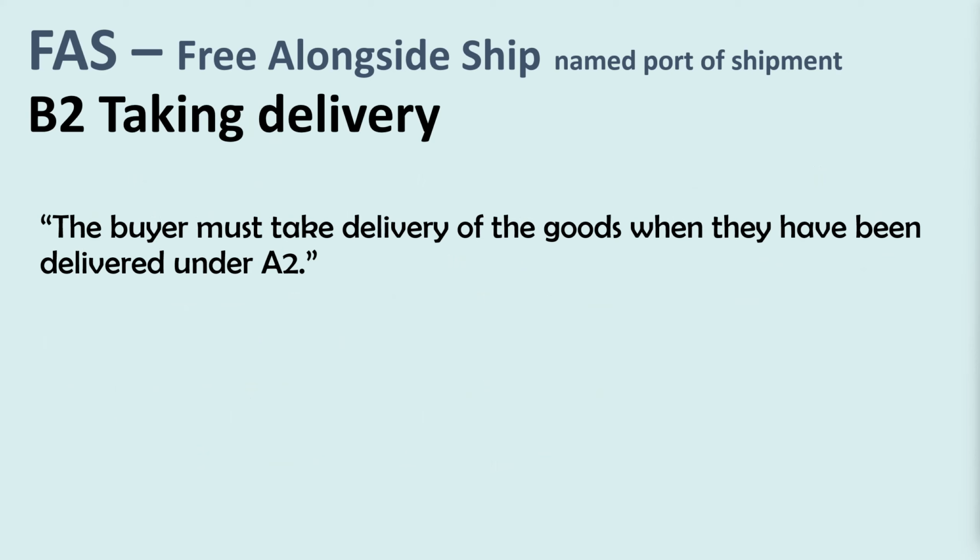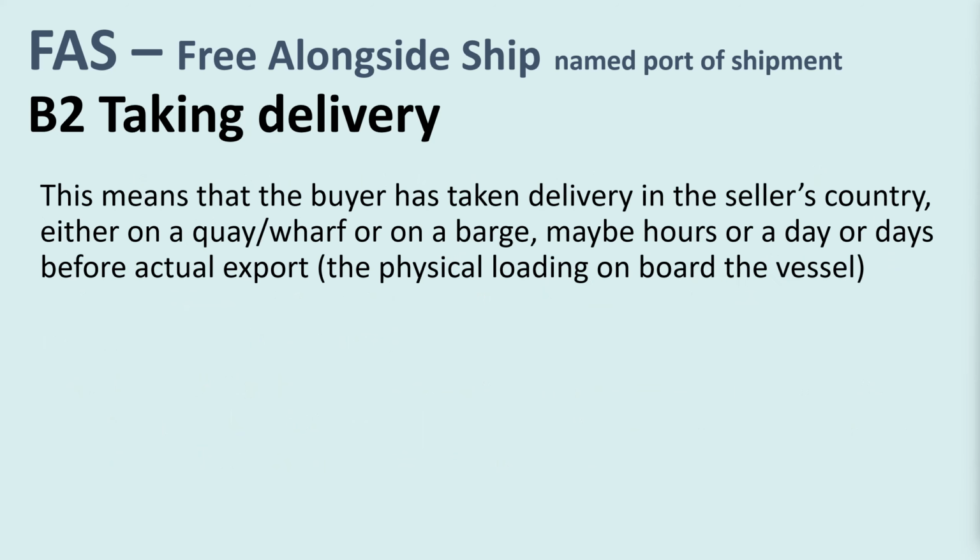B2, the buyer must take delivery of the goods when they have been delivered under A2. This means that the buyer has taken delivery in the seller's country, either on a quay or wharf or on a barge, maybe hours or a day or days before actual export, the physical loading on board the vessel.